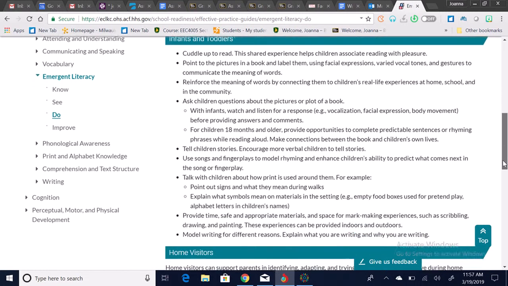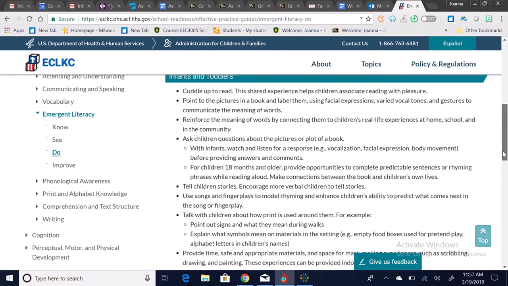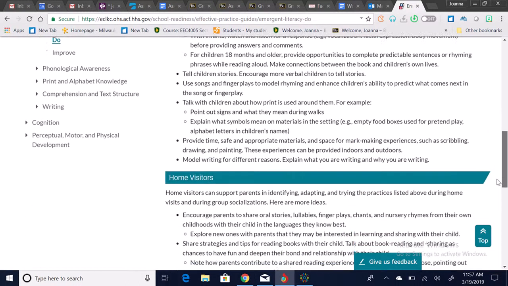Under the do, there's some information about specific practices that you can use in your classroom and in your interactions with infants and toddlers.